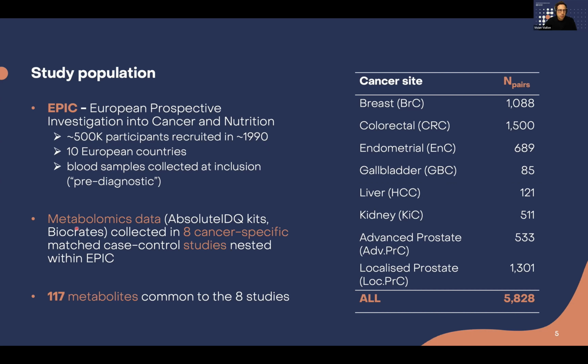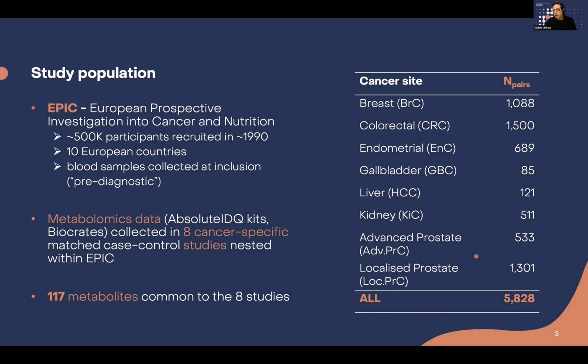And so in this analysis, we used the metabolomics data, obtained using the Biocrates kit, that were successively collected in 8 cancer-specific matched case-control studies nested within EPIC. So basically, we had one study for breast cancer, another one for colorectal cancer, endometrial cancer, gallbladder and biliary tract cancers, hepatocellular carcinoma, kidney cancer, as well as advanced and localized prostate cancers.